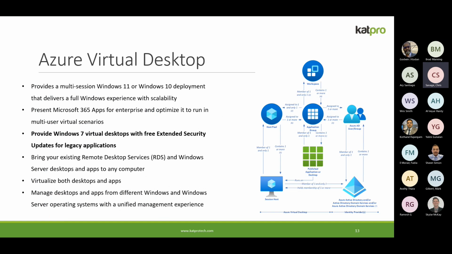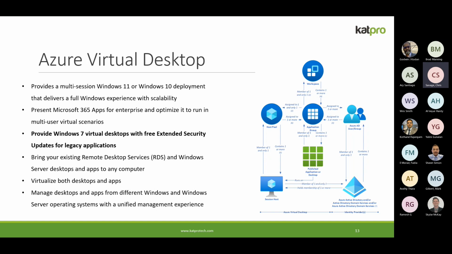Another solution for the construction industry that we see a lot of use for is Azure Virtual Desktop. This is a way for you to leverage Azure as the repository for your users to consume the services you need them to be able to use. You can leverage Windows 11 or Windows 10 in the environment.